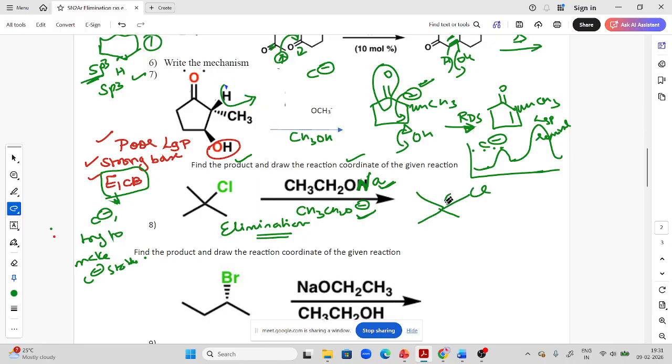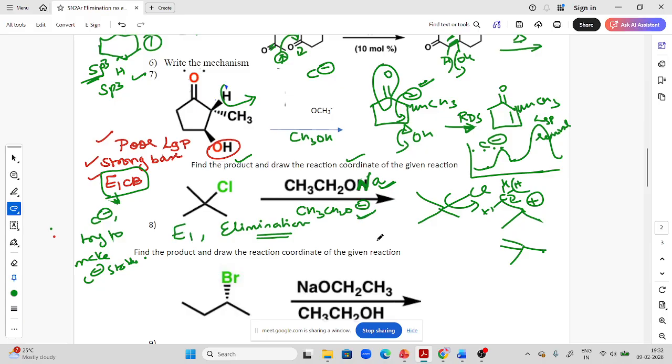Removal of this chloride ion, which would form a tertiary carbonium ion. Now it forms an alkene. So it is the E1 elimination method.